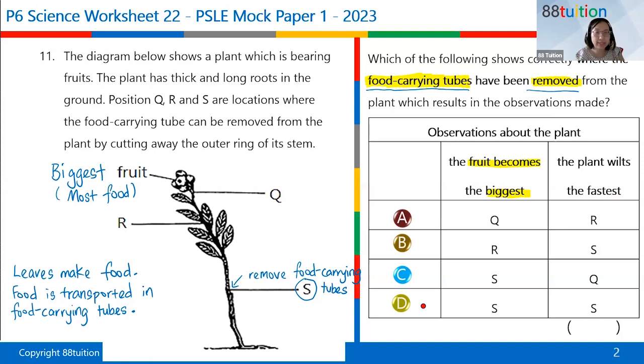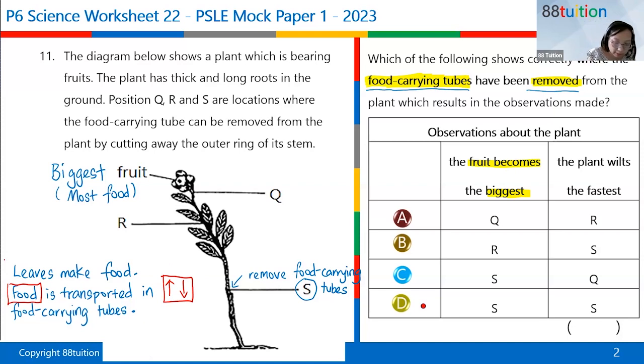Don't worry if you've gotten the wrong answer. That's the purpose of today's lesson. You learn to change your wrong conceptions. All right. So food is transported up and down.